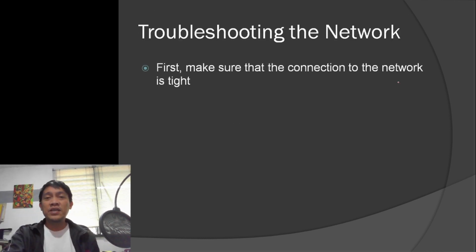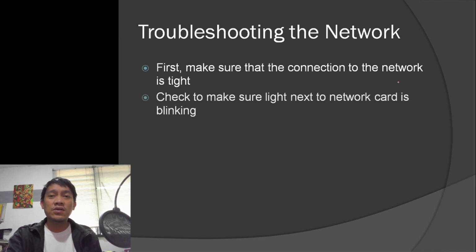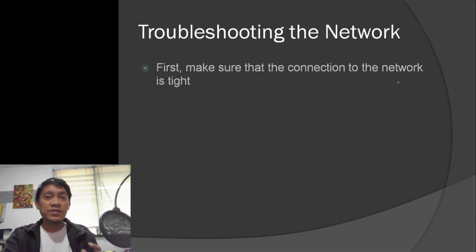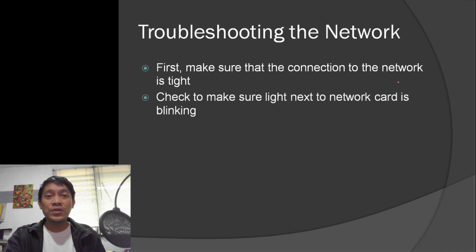Okay, so first make sure that the connection to the network is tight. Lahat naman yun, as a general rule, even your crimping, dapat maayos siya. Yung pag-crimp nyo ng RJ45, it should be tight, para kahit paano the contact is very intact. Next is check to make sure the light next to the network card is blinking. Meron naman mga indicator, whether it's a network interface card or switches, there's a light indicator for network activity.